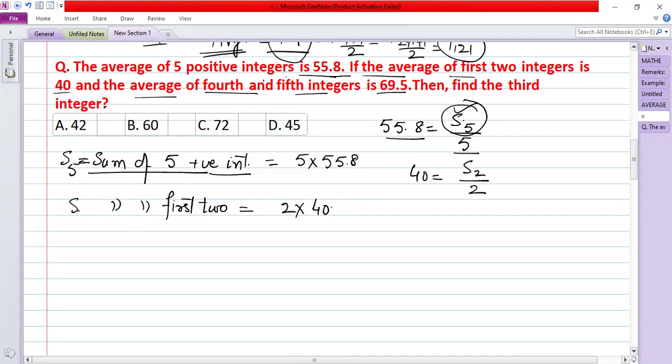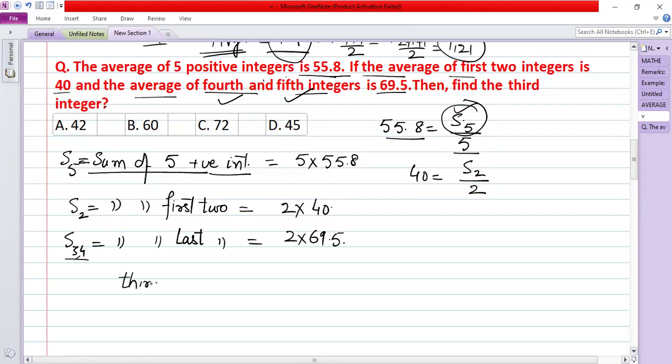If I denote it by S2, and the sum of the last two integers will be nothing but 2 into 69.5. Okay. So what will be the third integer?